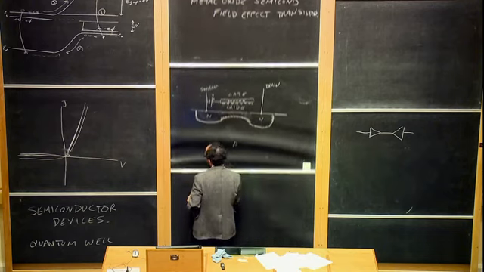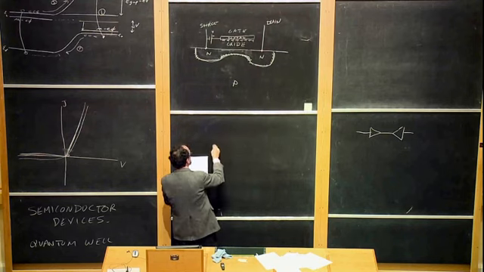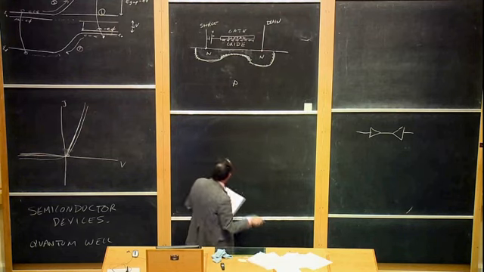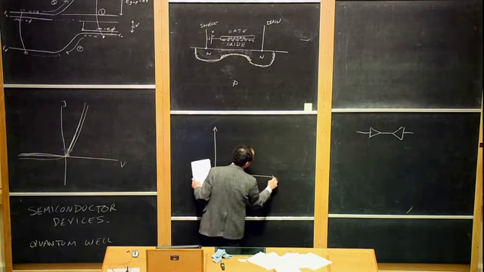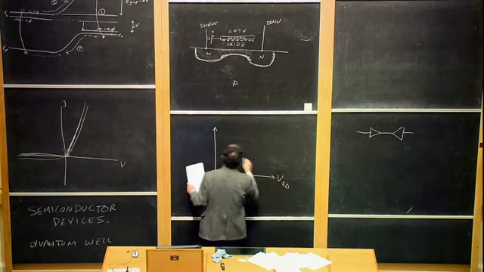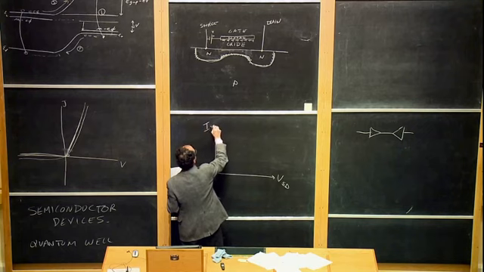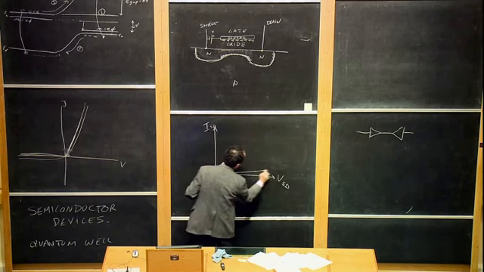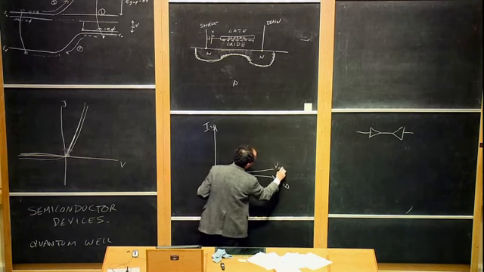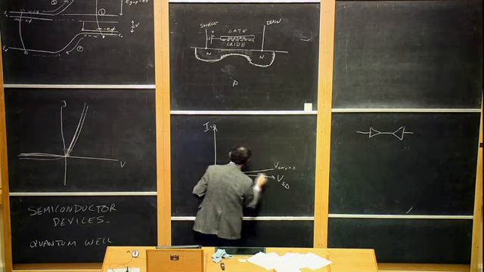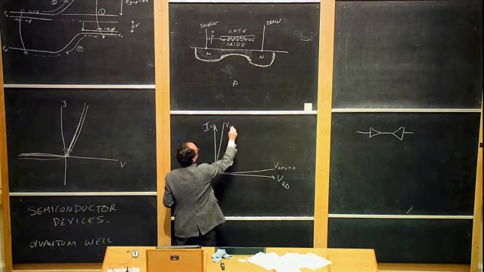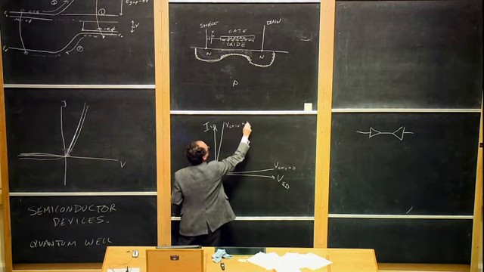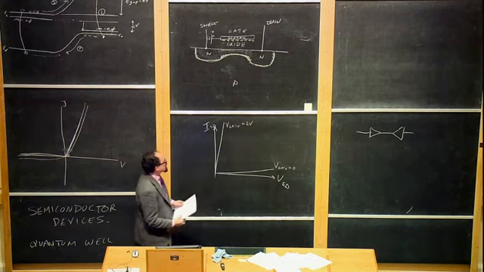So the characteristics of such a device look more or less like this. If you plot the current versus the voltage, this is the voltage between the source and the drain. This is the current that flows from the source to the drain. If you put no gate voltage on, V gate equals 0, you get almost no current flowing. But if you put a little bit of gate voltage on, V gate equals, say, 2 volts, you all of a sudden get a lot of source drain current.